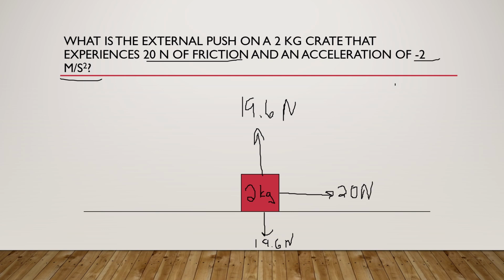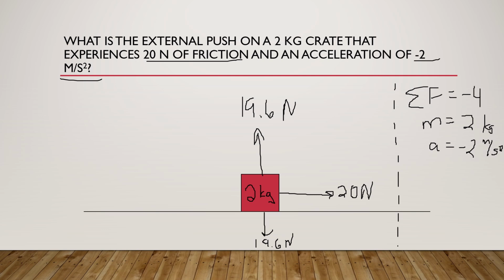Friction opposes motion. Okay, net force equals, I don't know, but what's the mass? The mass is 2. What's the acceleration? Negative 2. Okay, easy. Good. Negative 2 times 2 is negative 4 newtons, or 4 left.